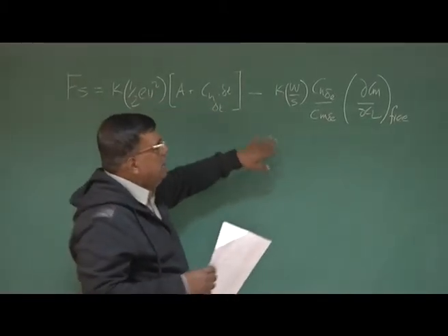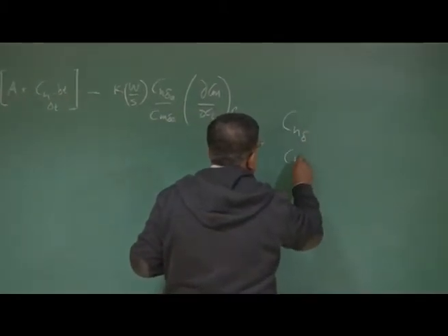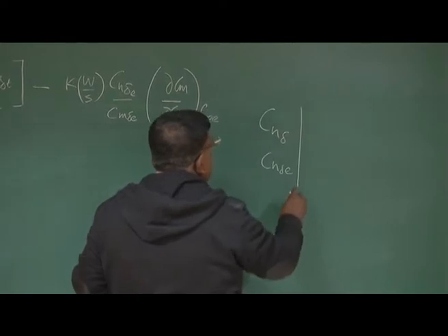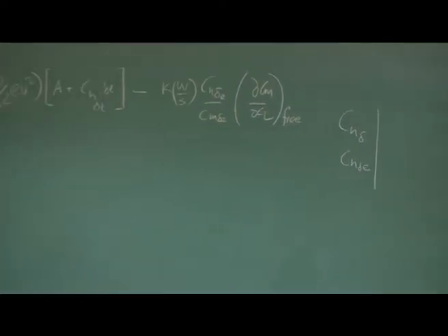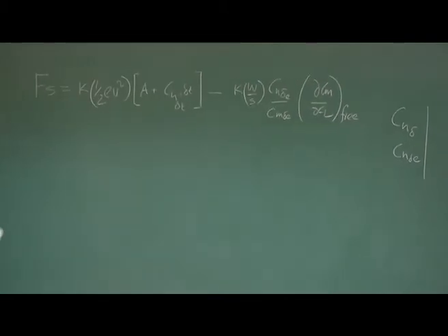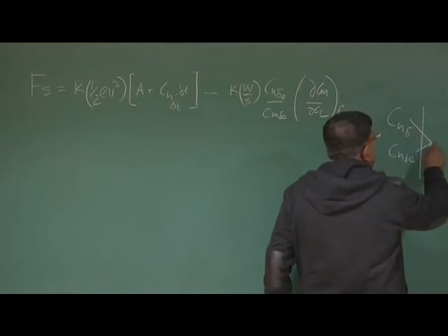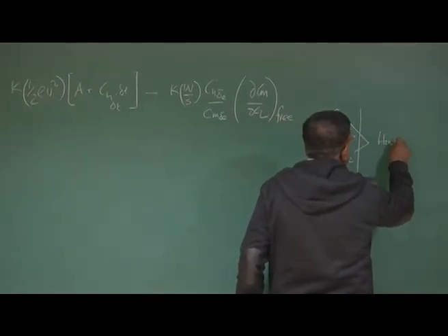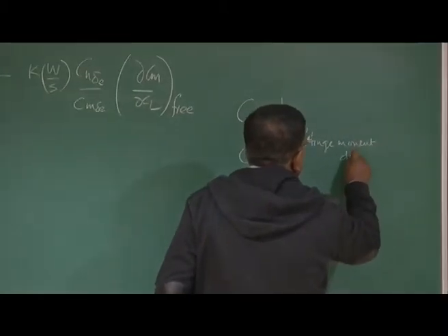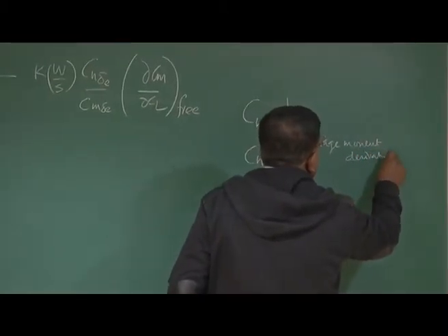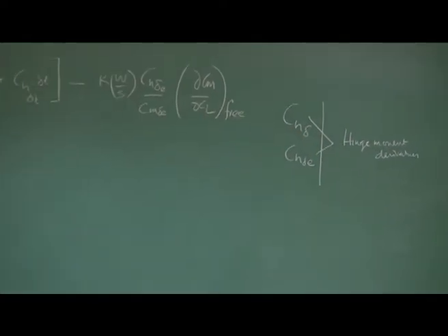Many times I write Ch delta, or Ch delta E. These are the same thing; sometimes I forget to write delta E. This is the elevator hinge moment derivative. Ch delta t, Ch delta, and Ch delta E are the same thing.